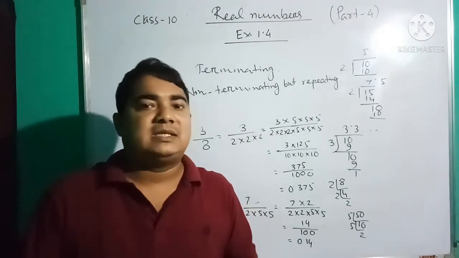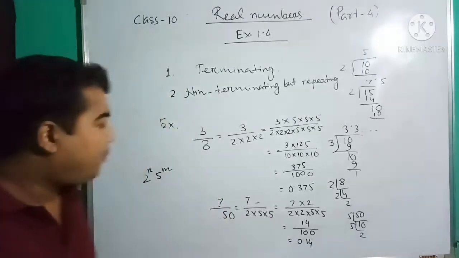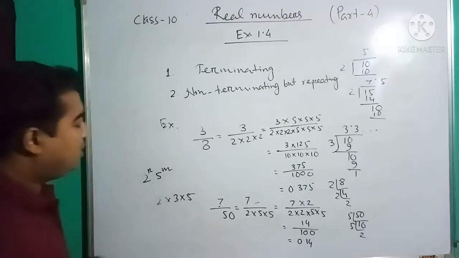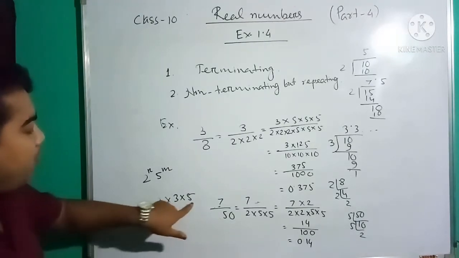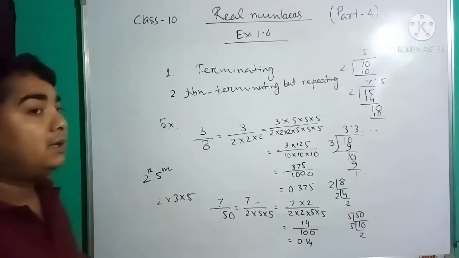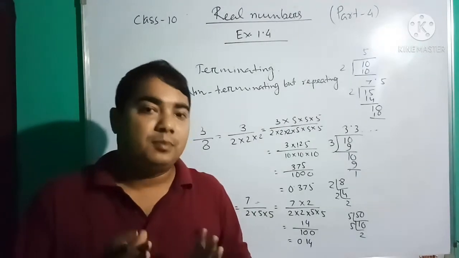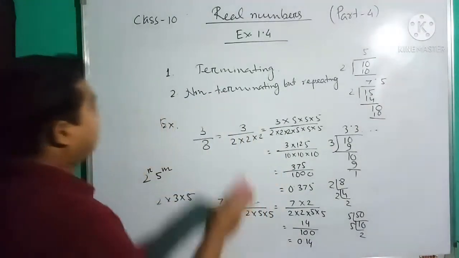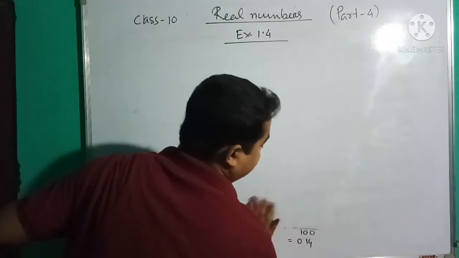Then that number's decimal expansion is terminating. If there are more factors other than 2 and 5, like 2 into 3 into 5, in this number one more factor, 3, is included, then its decimal expansion will be non-terminating but repeating.